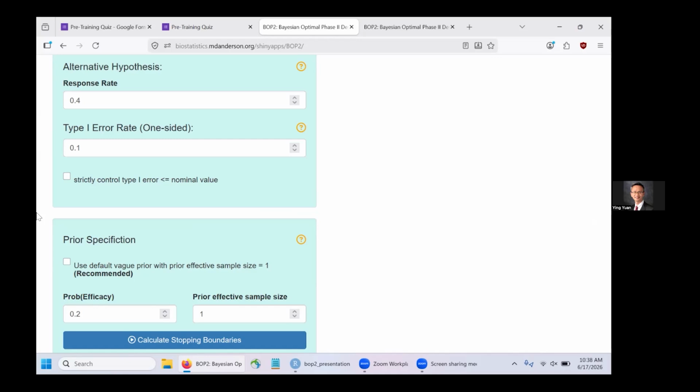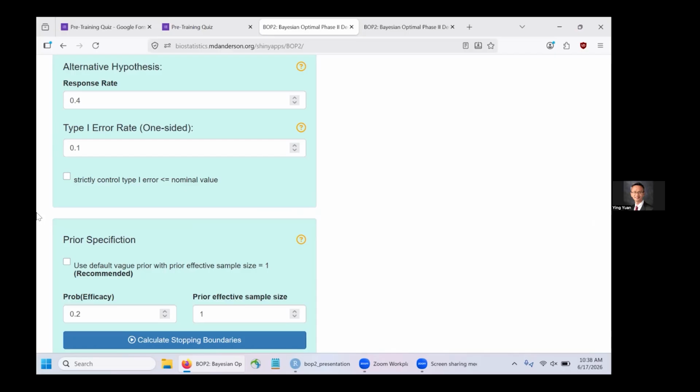And the reason we don't do that is because, remember, here we control type 1 error. And most of the time when people input prior information, they are less likely to put in pessimistic prior information, a priori thinking this drug won't work. Most of the time they test this drug in another indication or subgroup, and they believe it is going to be effective.